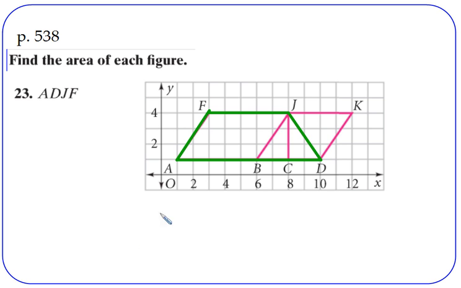And if you'll see, we have a trapezoid again. This side is parallel to this side, and these are not parallel. One pair of parallel sides. So the area of a trapezoid is 1/2 base 1 plus base 2 times the height.